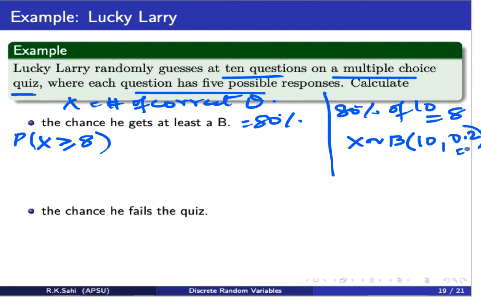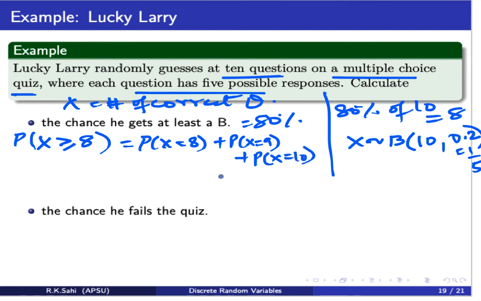So probability X is greater than or equal to 8 means X is 8, or 9, or 10. Once again, either I have to find 3 binomPDFs, or I can make my life simple by using binomCDF. I'm going to show you how to use this one.